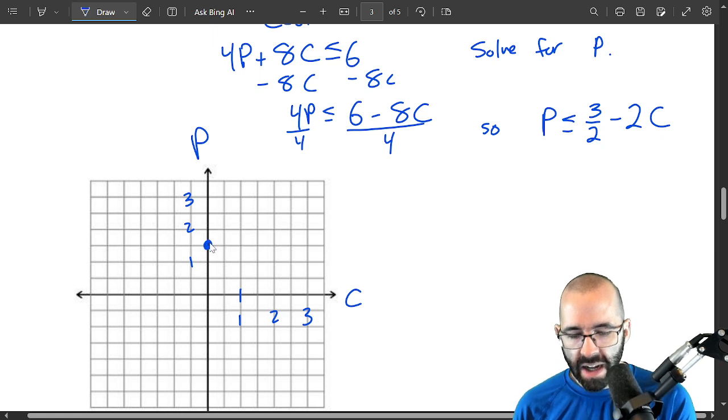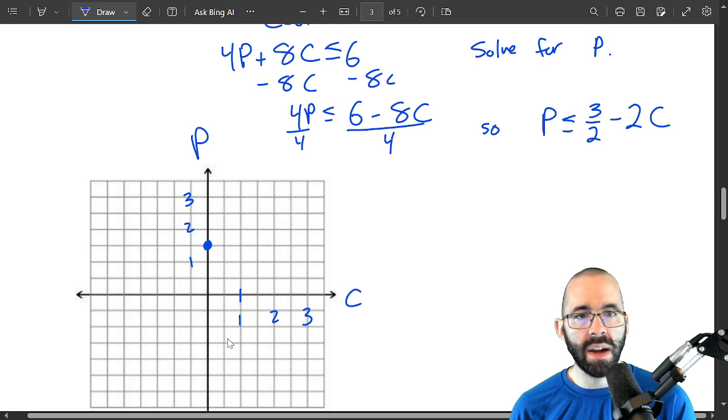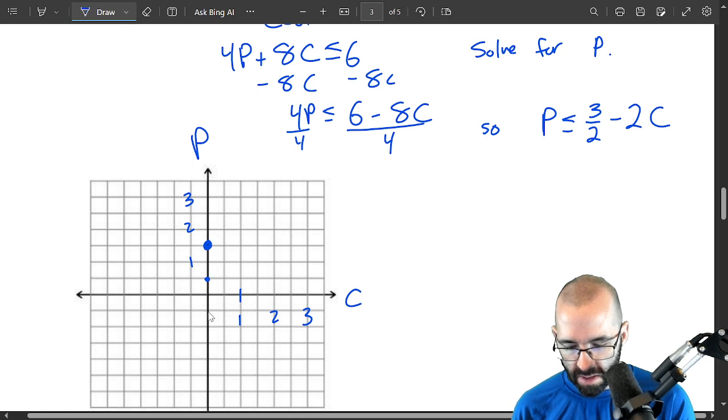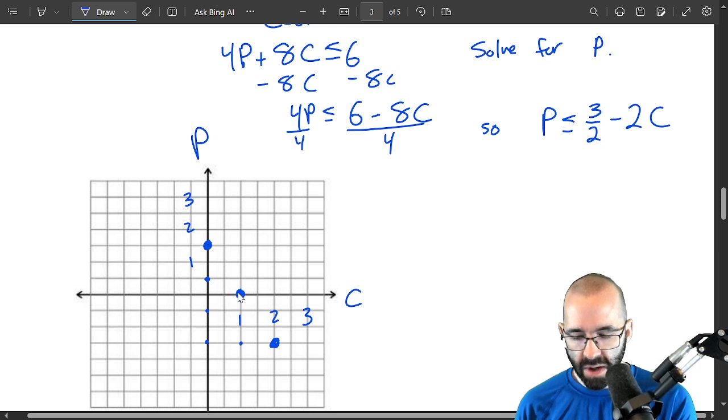We start at 1.5. We go down 3, right 2. So down 1, 2, 3, and right 1, 2. Okay, so this would be another point on the line.